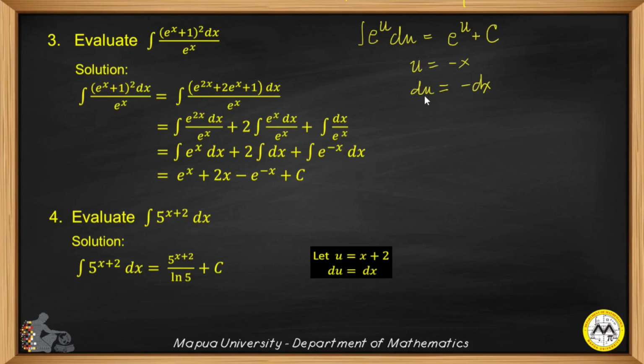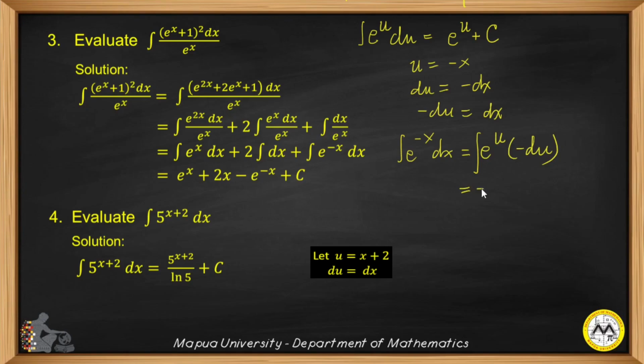You multiply both sides of this equation by negative 1, so we get negative du is positive dx. Therefore, the integral of e^(-x) dx can now be written as the integral of e^u times dx, but dx is negative du.